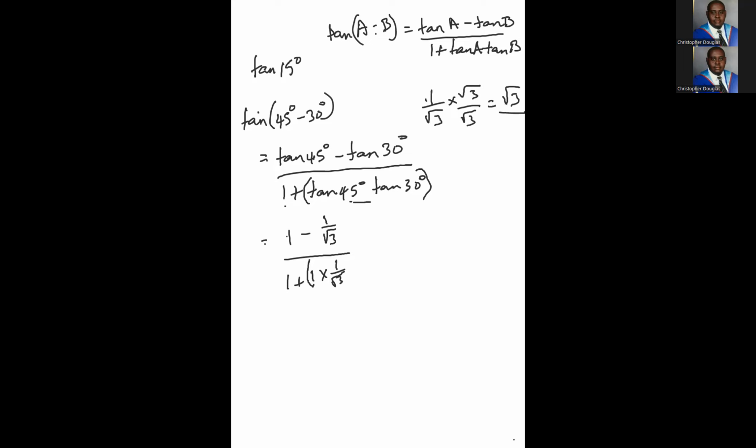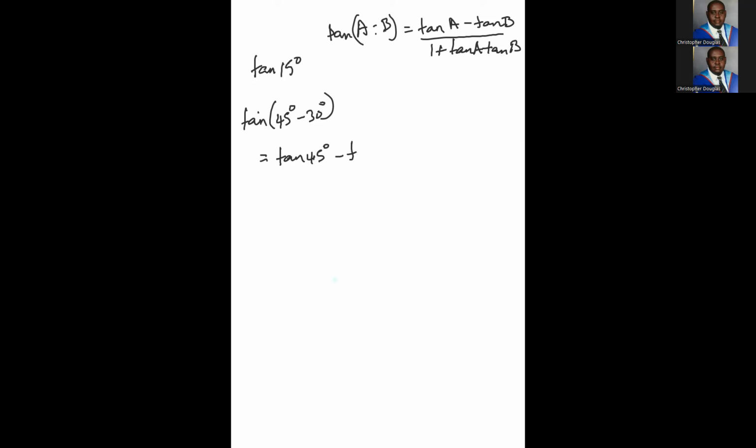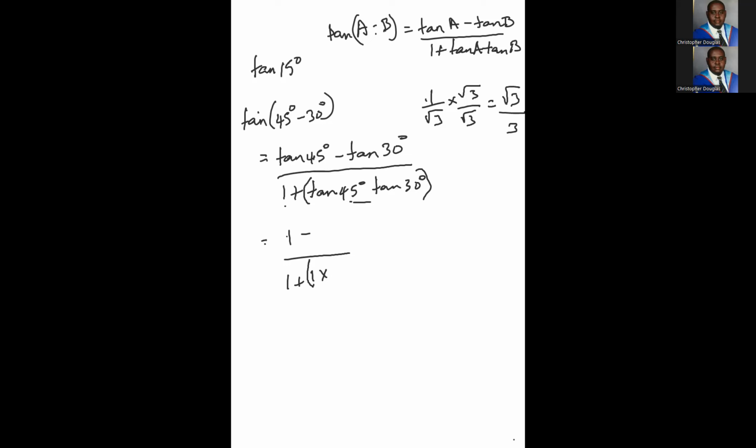Root 3 times root 3 is, you guessed it, 3. So I can change 1 over root 3 to root 3 over 3. So if I change this out, I'll get root 3 over 3, and here I'll get root 3 over 3 as well. All right, so it's just for me to work this out now.